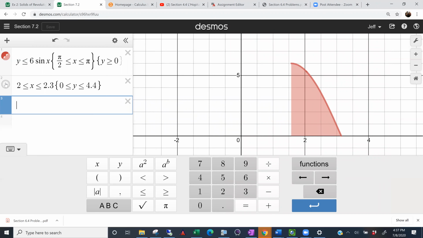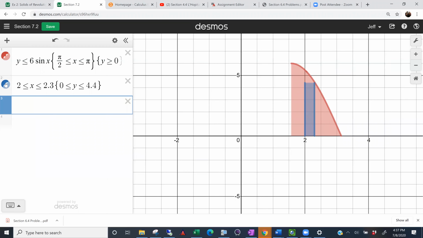If we're going to rotate this around the x-axis and solve this with the disk method, what kind of slice am I going to be taking into my region? What would that slice look like? A dx slice, perfect. So it would look kind of like this, a little dx slice.